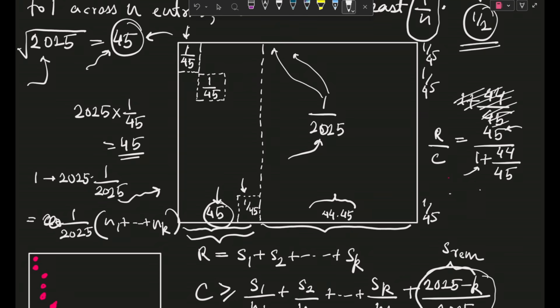Listen carefully, it is 44 into 45 copies of 1 by 2025, because as I said, in each place you will put 1 by 2025 irrespective of whether it is a row or a column. So actually it comes out to be 44 by 45. I hope now it's crystal clear.